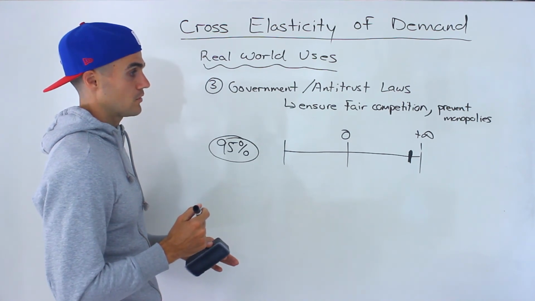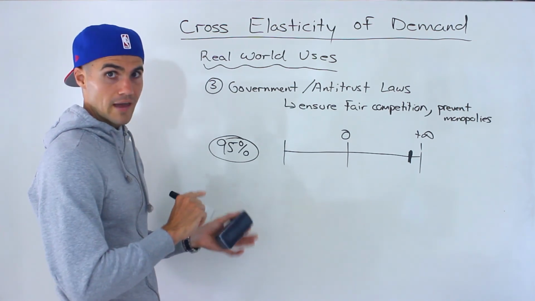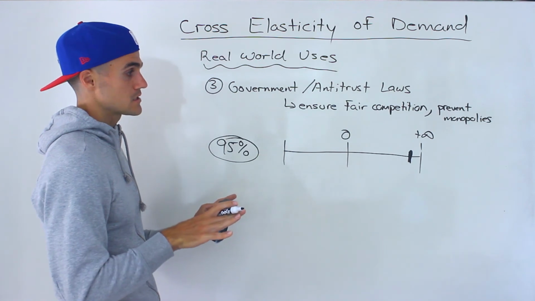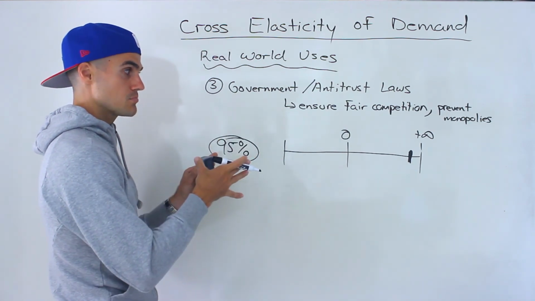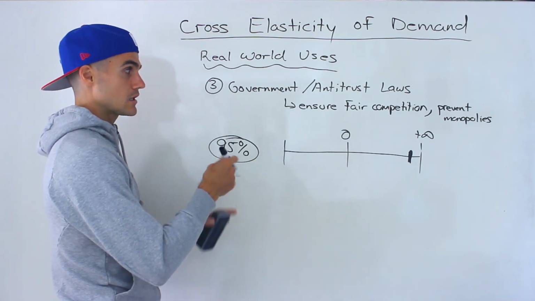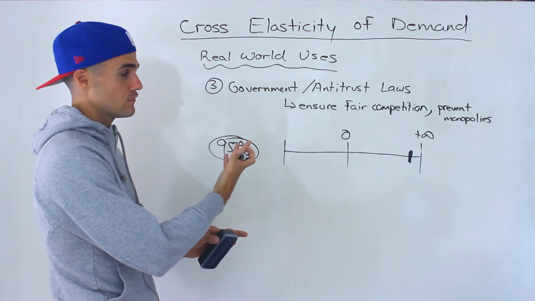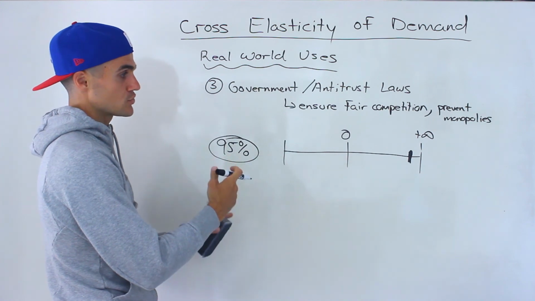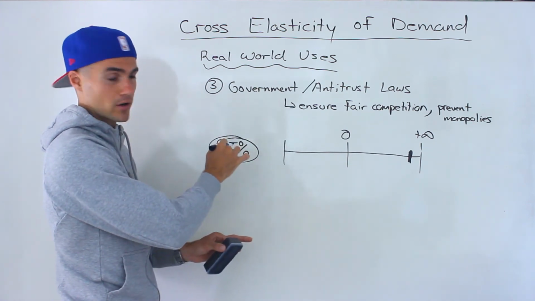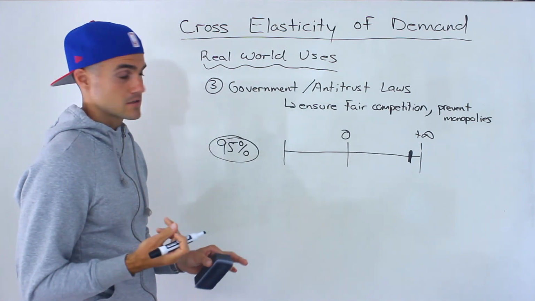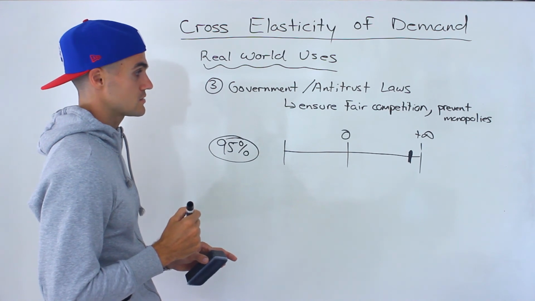So for example, ExxonMobil, they actually used to be two different companies, and they merged, but before they merged, the government told them they had to divest or get rid of a bunch of gas stations before doing so to free up that market share. I think it was like a couple of thousand gas stations that they had to divest.